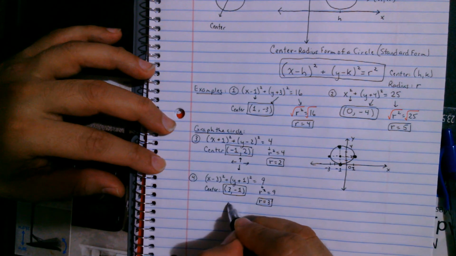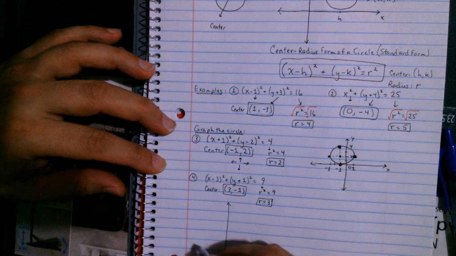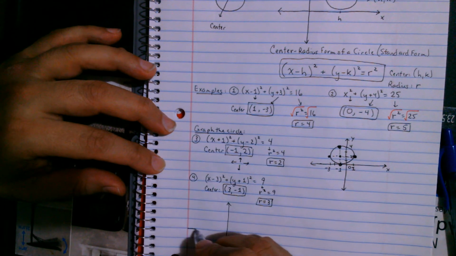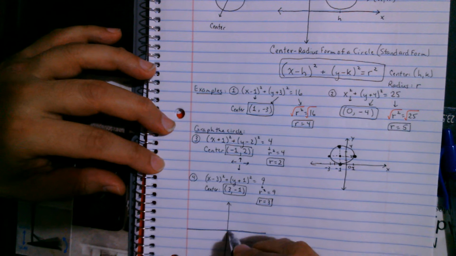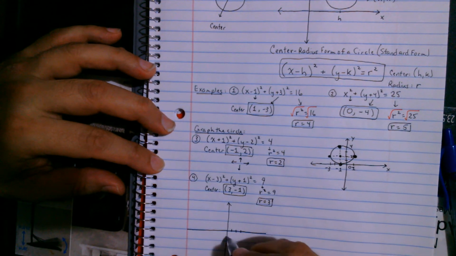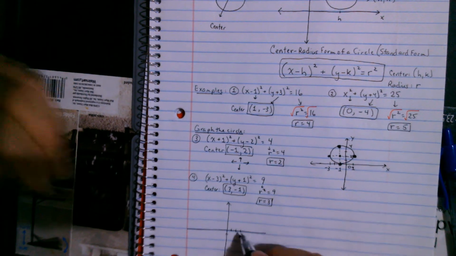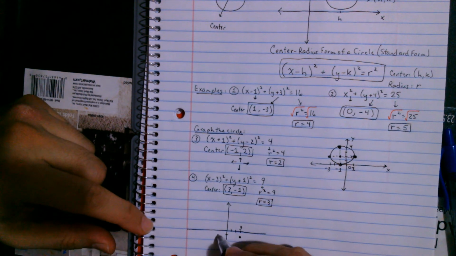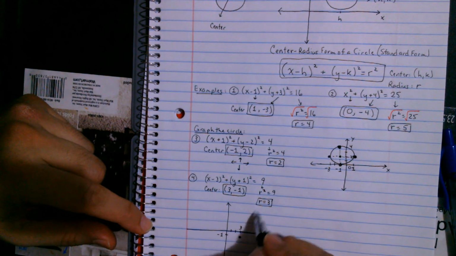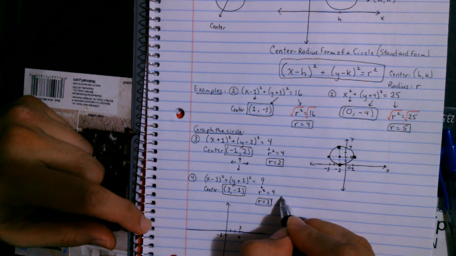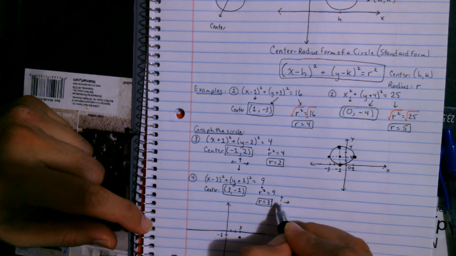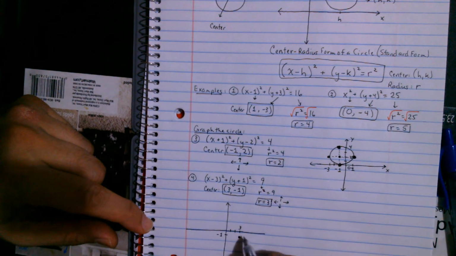So let's see if I can kind of graph this for you here a little bit. I'm going to go to the point (3, -1), roughly. That's not to scale, just giving you an idea here. This is the point (3, -1). So in the radius, I'm going to go up, down, right, and left. It doesn't matter what direction you go first.